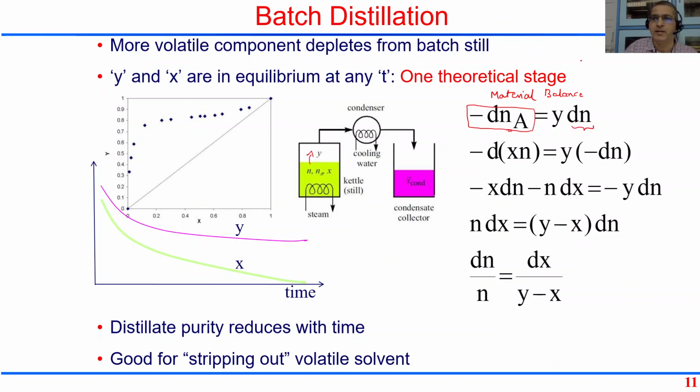So we are saying that dN moles, we are writing it in a differential sense, are vaporized, and they are coming from this. So the loss of moles from this batch still, or from this kettle if you like, is dN moles, right? And let's say dNa moles, in a differential sense, of the vapor have left this liquid. We are writing a material balance for this liquid. Our control volume is this liquid.